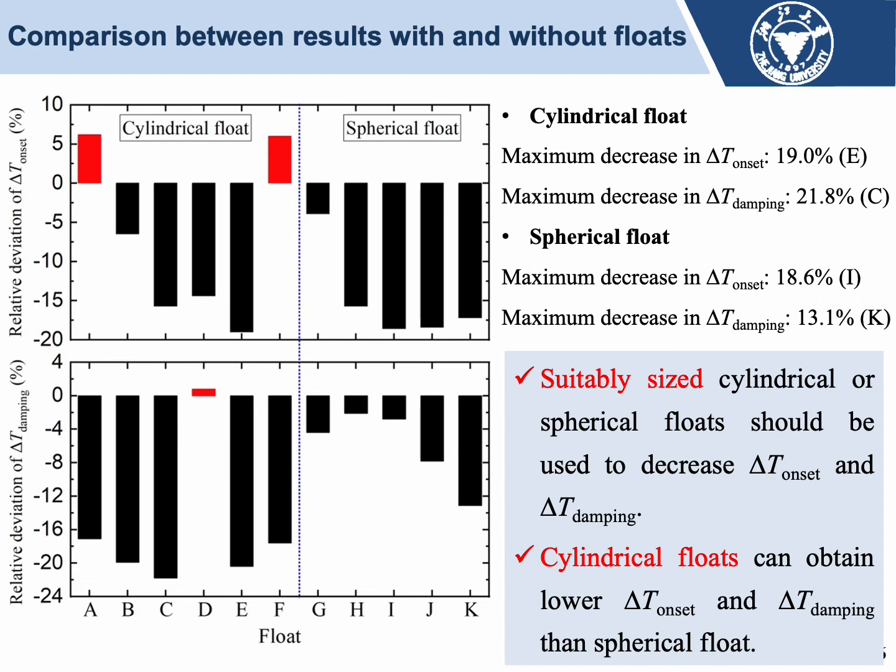Besides, a decrease in onset temperature difference does not mean a decrease in damping temperature difference, and vice versa. Therefore, suitably sized cylindrical or spherical floats should be used to decrease onset and damping temperature difference.